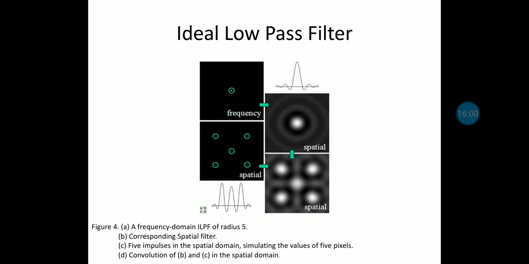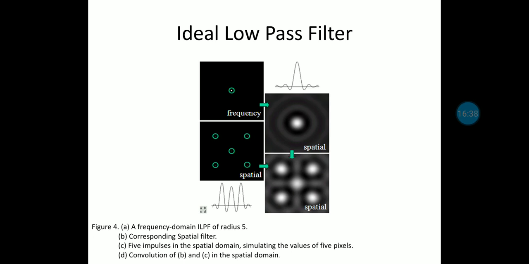As we know, the basic equation of convolution is f of x comma y convolved with h of x comma y, which transforms into capital F of u comma v multiplied by H of u comma v, isn't it? The first figure represents one single pixel and its spatial representation, and in the second figure we see 5 impulses in the spatial domain.